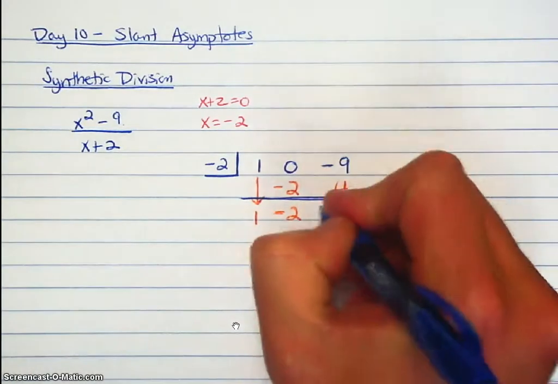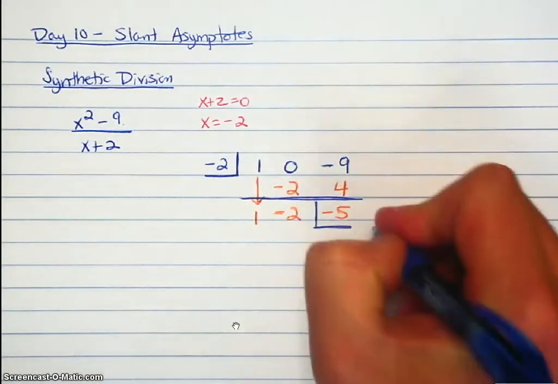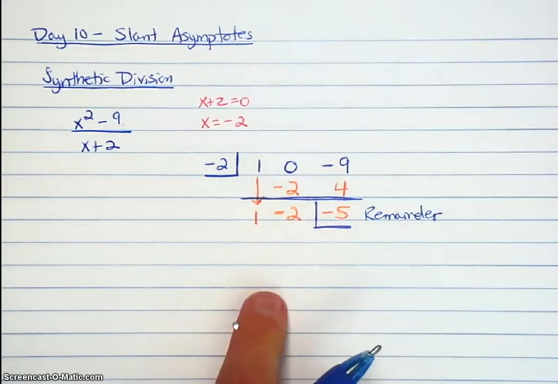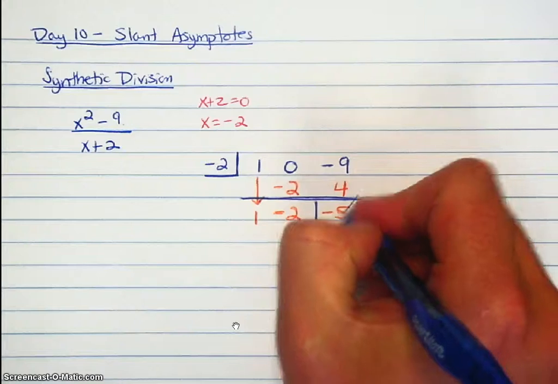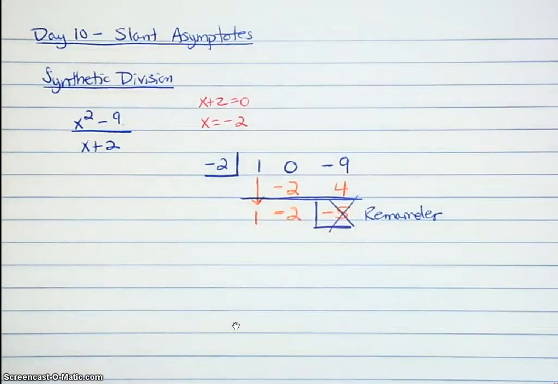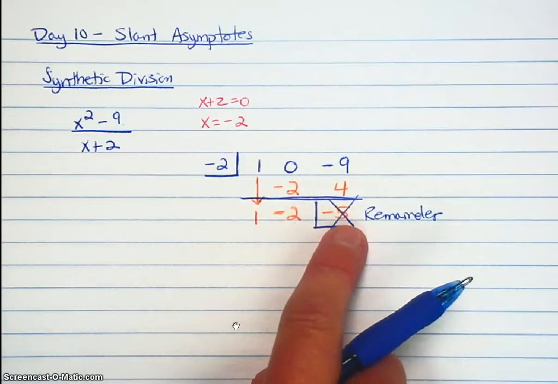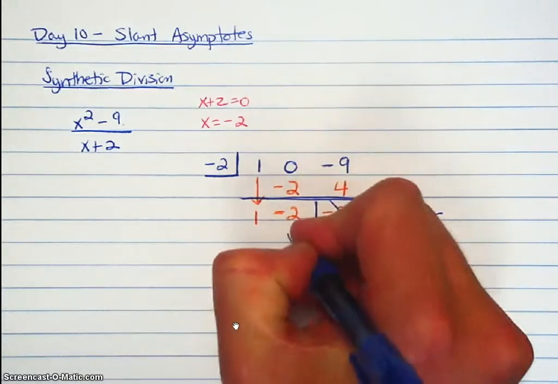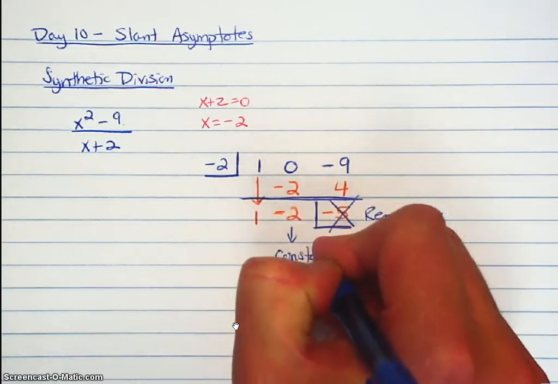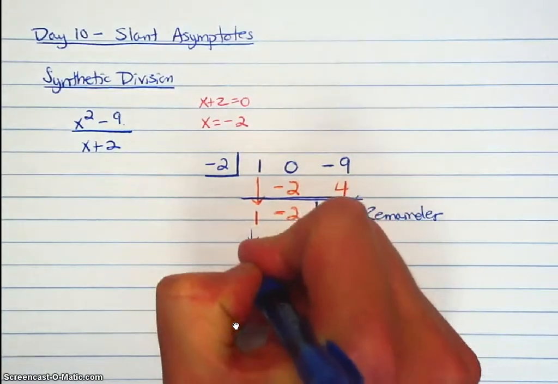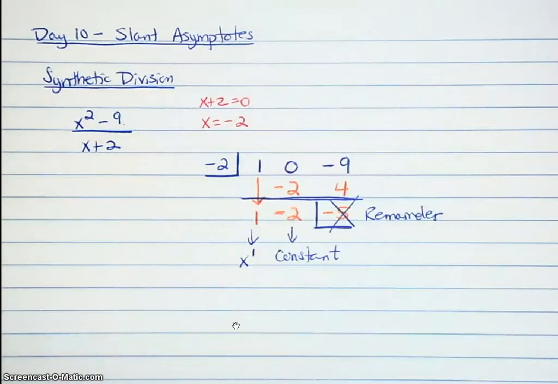When we do these problems, the last number we get is our remainder. For our purposes, the remainder is irrelevant. We're just going to ignore it. What's left will turn out to be my answer, which is my slant asymptote. The number right next to the remainder is the constant, which means it does not have an x with it, and the next number is the coefficient of x to the first power.